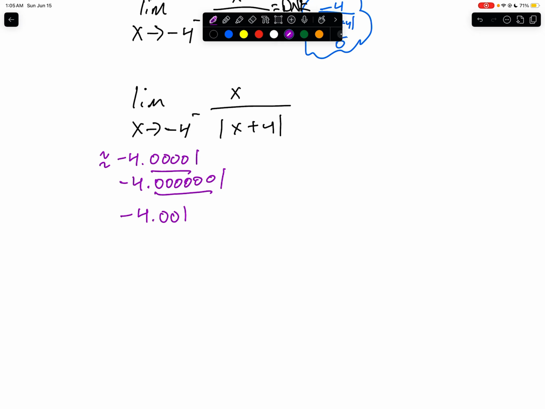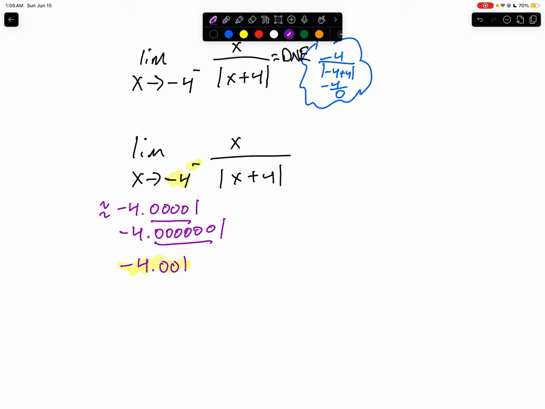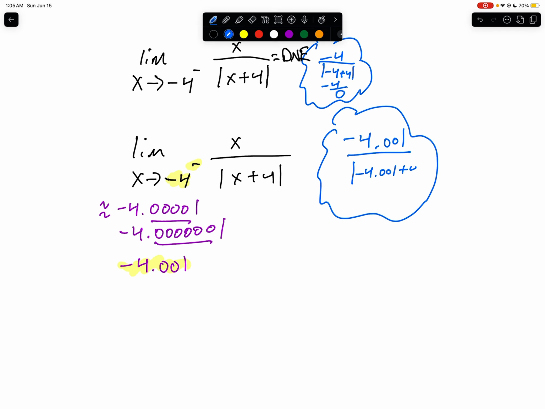And so if we directly substitute this negative 4.001, which is right to the left of negative 4, we'll then get, in a thought bubble, negative 4.001 over the absolute value of negative 4.001 plus 4.